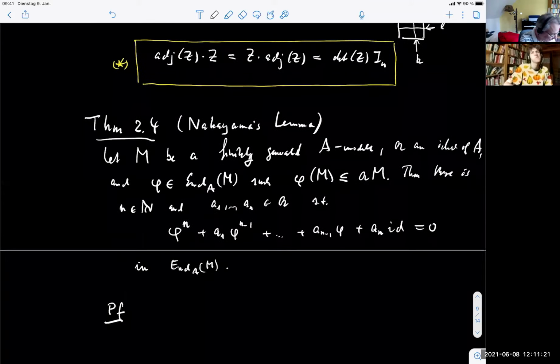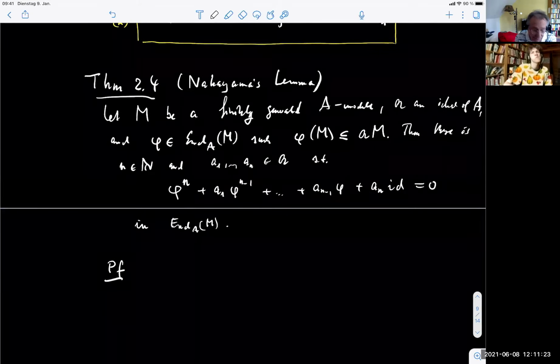It will be the following ring. It will be a subring of the endomorphism ring, the subring generated by phi. So this is the point. Let me write carefully.